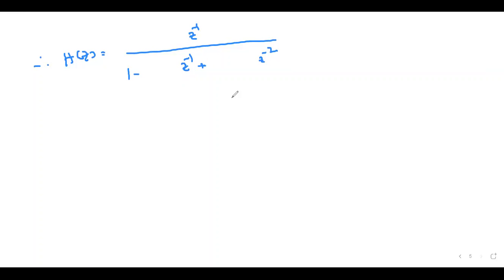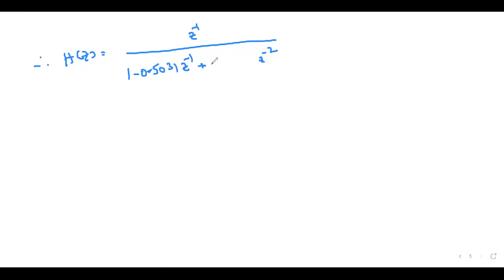Sandhya, what is the answer? Sir, 1 minute, sir. So denominator 1 minus 0.5031 z power minus 1. 0.5031. Very good. Right.